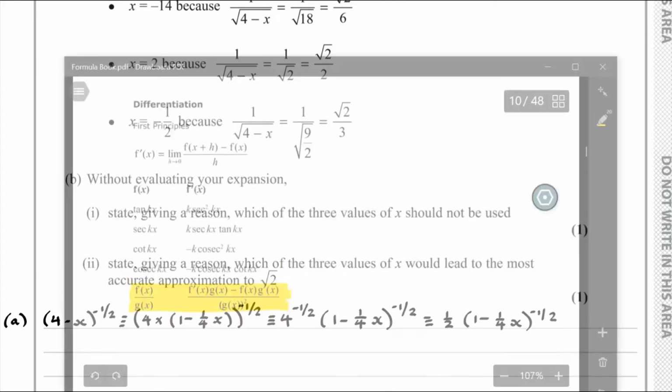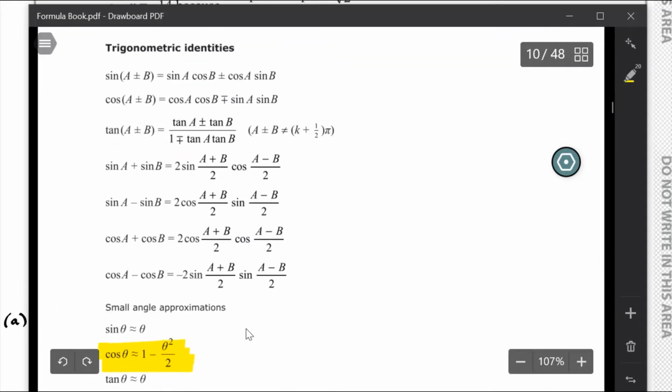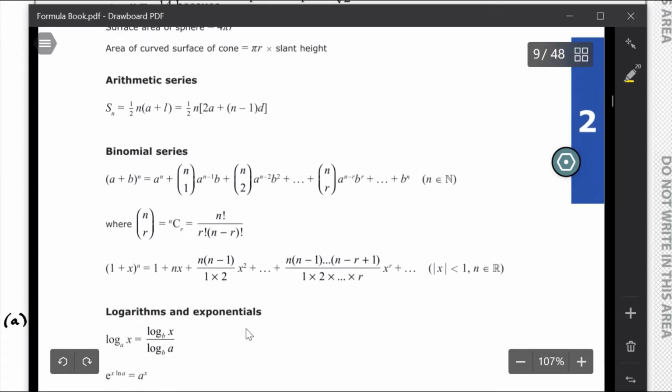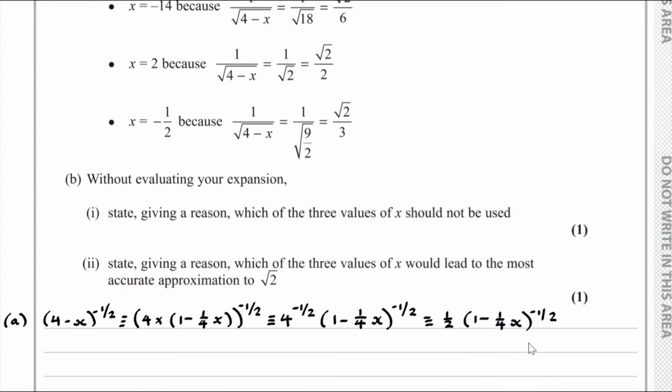Now, if we take a look in the formula book, you'd find here for a binomial series, we have this formula over here. So we can use this formula to find out what this expansion is approximately equal to.